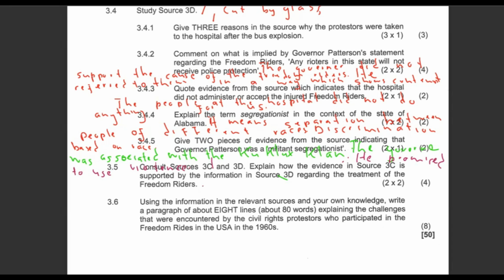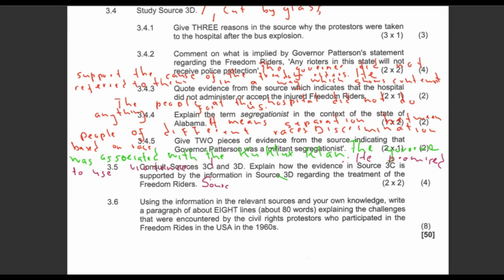Then the next question is 3.5. Consult sources 3C and 3D. Explain the evidence in source C that is supported by evidence in source 3D regarding the treatment of freedom riders. So the first thing, we indicate what is in source 3C.